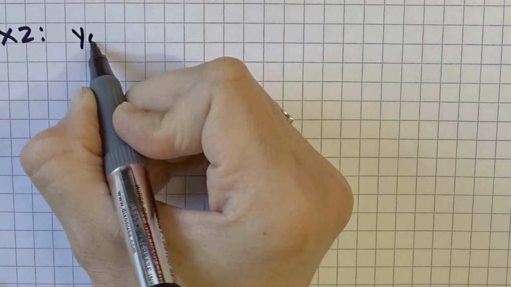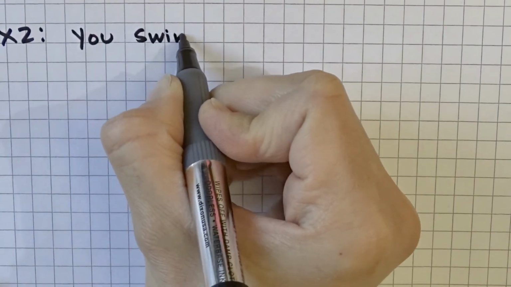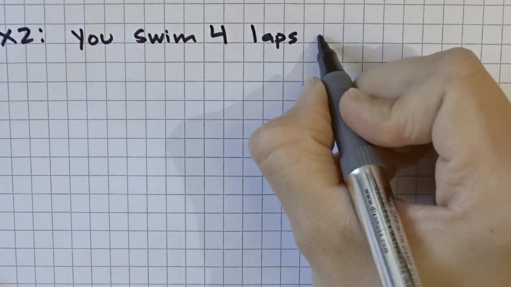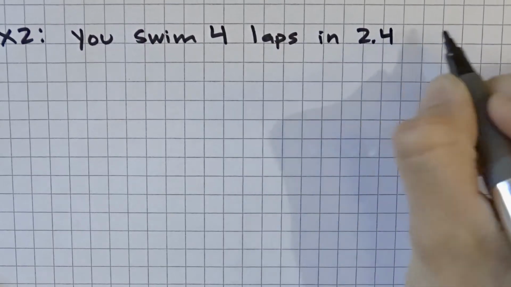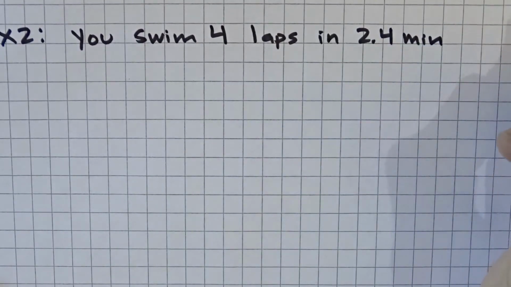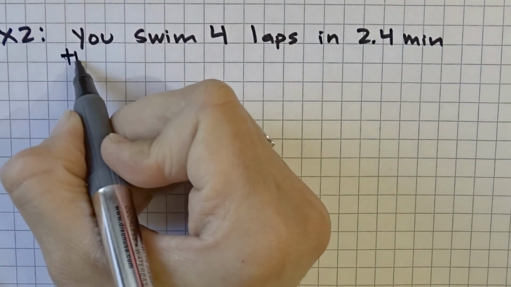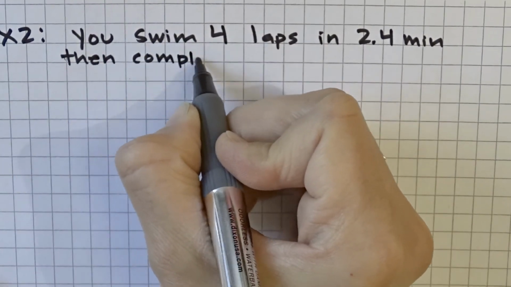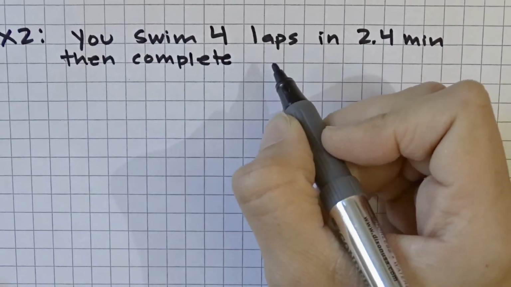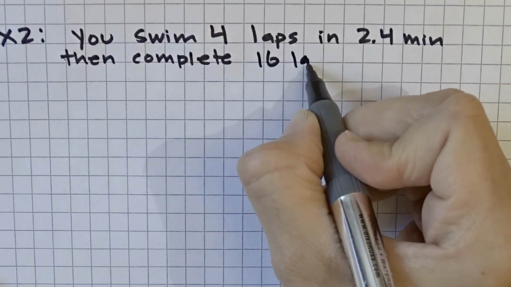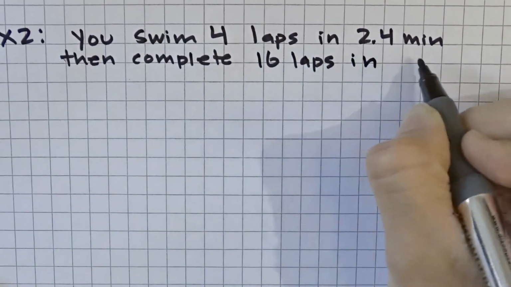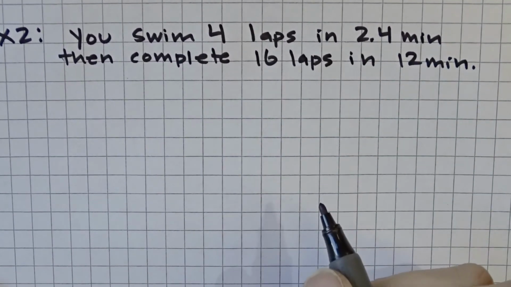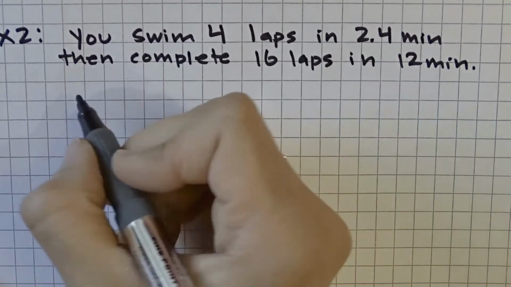You swim 4 laps in 2.4 minutes, and then complete 16 laps in 12 minutes. Are your laps proportional to your time?